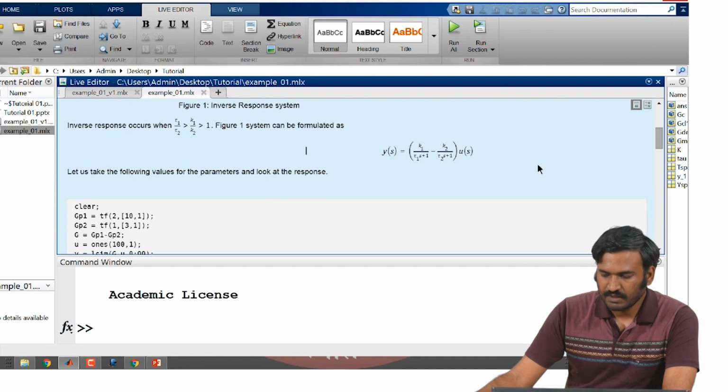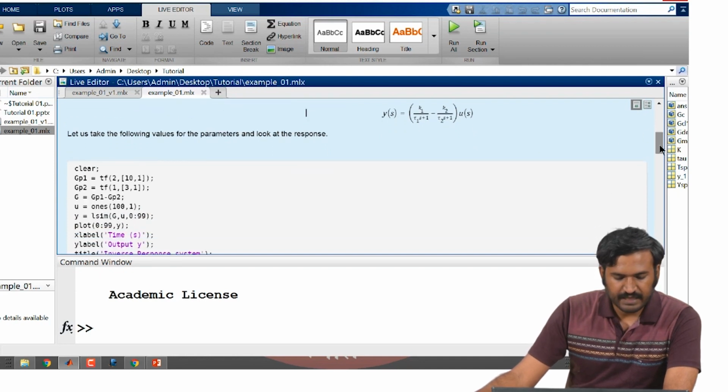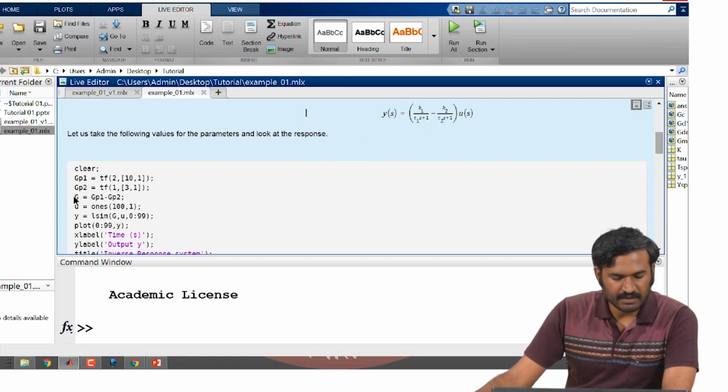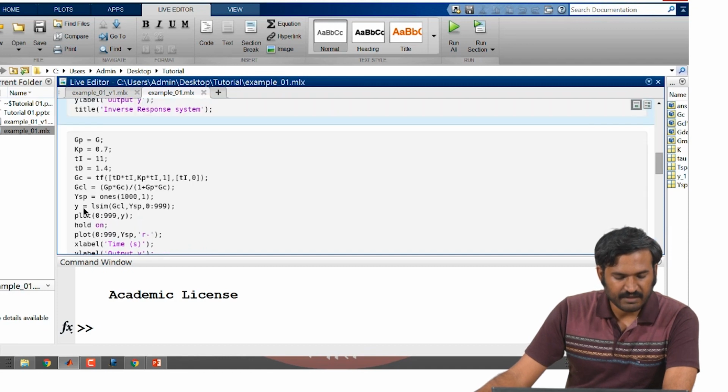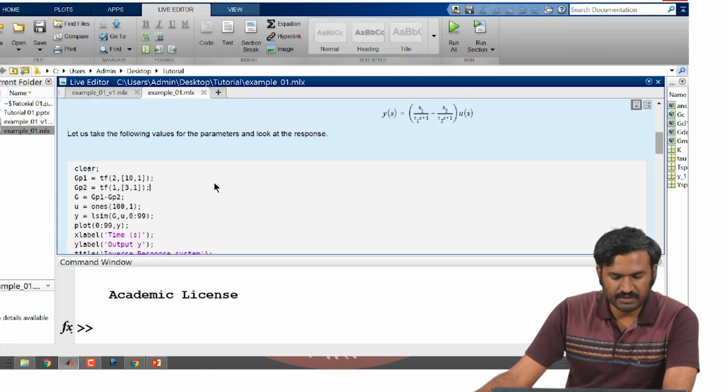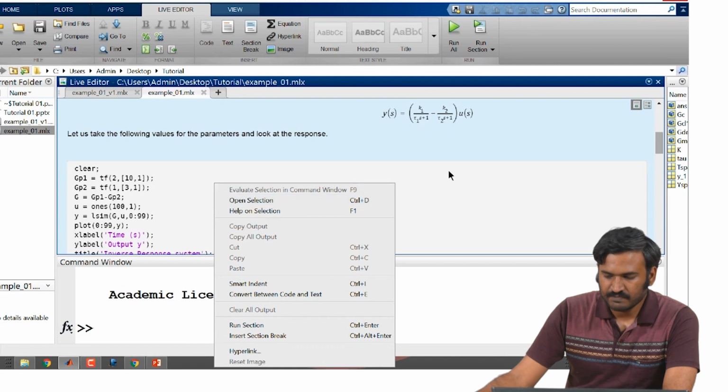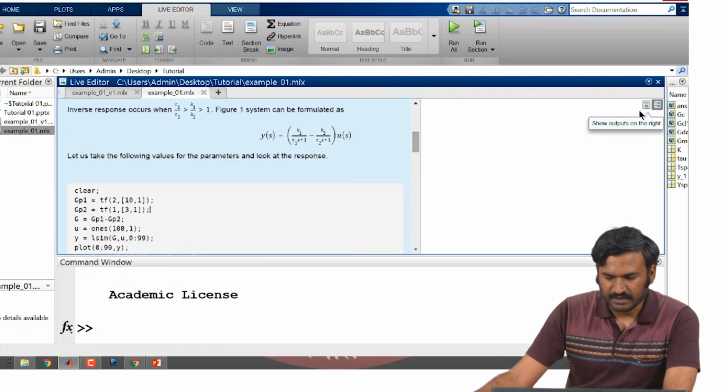Now, let us take an example. Let us take 2 by 10 s plus 1 and 1 by 3 s plus 1 as GP1 and GP2, and we will subtract them to get the final process model, and we will simulate it to see how this open loop transfer function responds.